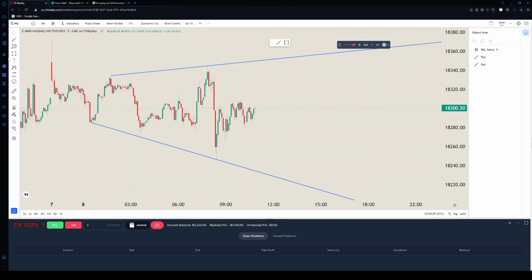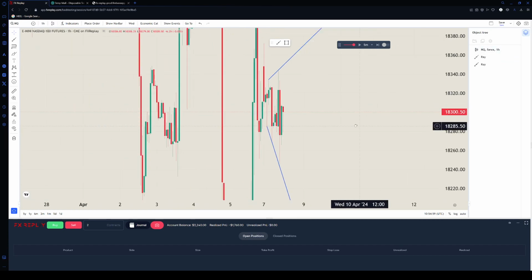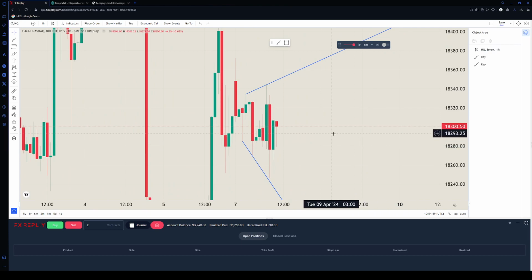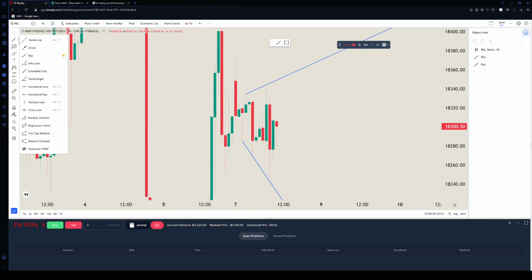So from the get-go, we can see accumulation of price right here. It is now the 10:50 macro, so we have our information. Let's just plot out midnight and 9:53 though. I'm gonna make sure I draw this in a way that I don't forget it.